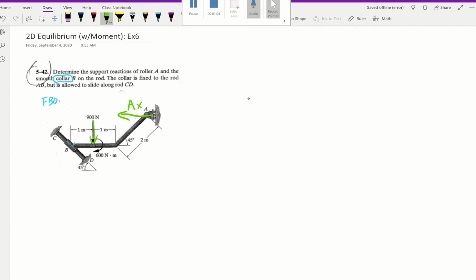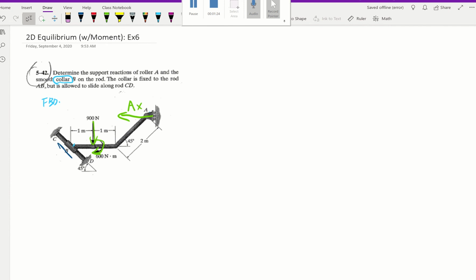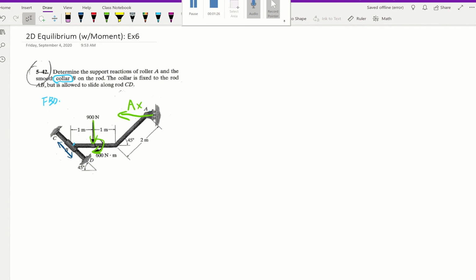We also have another different feature for this problem. It has a moment. This is an external moment. That can happen. You can just apply a torque anywhere, right? So that's the external moment. Then we have this smooth collar, and it can move freely along this direction CD, so you won't have a force in that direction.